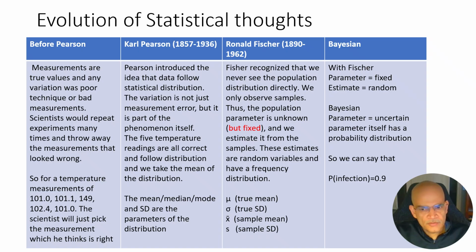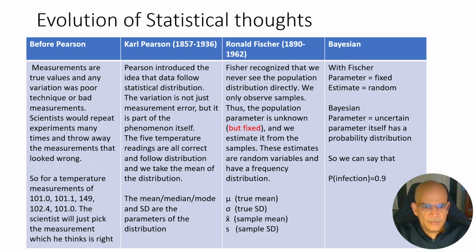Then Ronald Fisher took it a step further. He said that we never see the full population distribution directly, but we observe samples. So the population parameter is unknown but fixed, and we estimate it from the samples. And these estimates are random variables, and they themselves have a frequency distribution. So you have a population parameter which is fixed but unknown.